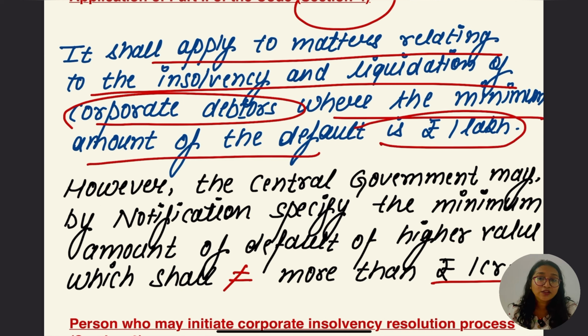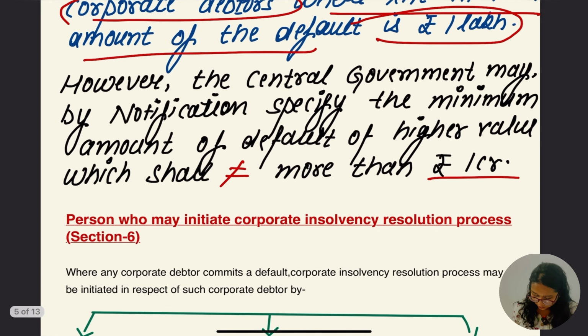So the default made by the corporate debtor should be at least 1 lakh. If it is less than that, then of course this chapter, the insolvency resolution process, is not going to apply. Hope this point was clear to you.